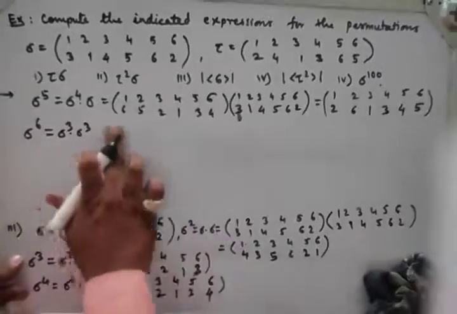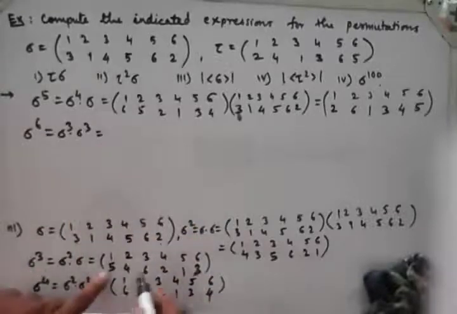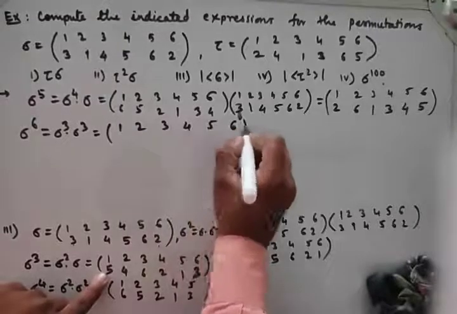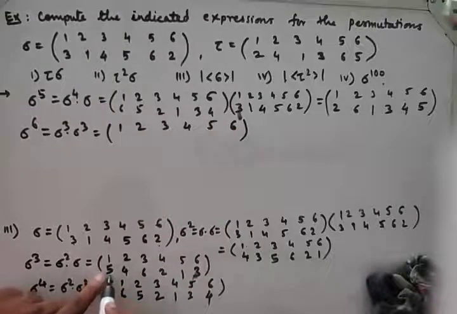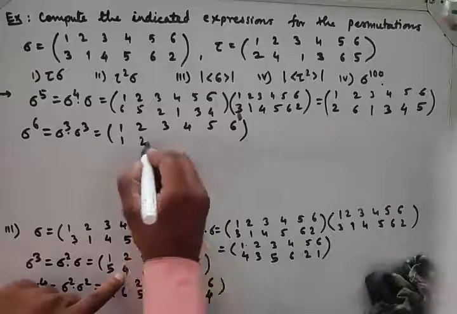So here I will take sigma raised to 3 into sigma raised to 3. Sigma cube has only this, so I will write 1 2 3 4 5 6. 1 goes to 5, 5 goes to 1, 2 goes to 4, 4 goes to 2.